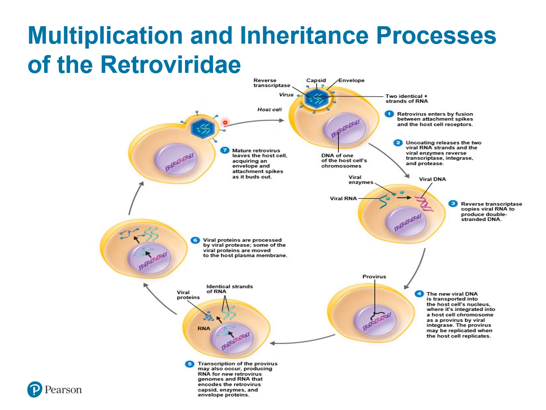And once the virus is released, if it's released via the budding process, that's usually not going to kill the host cell. And once it's released, it can go ahead and infect a new cell.